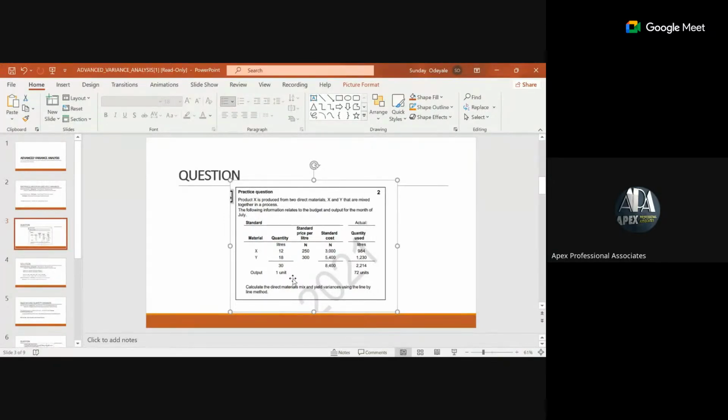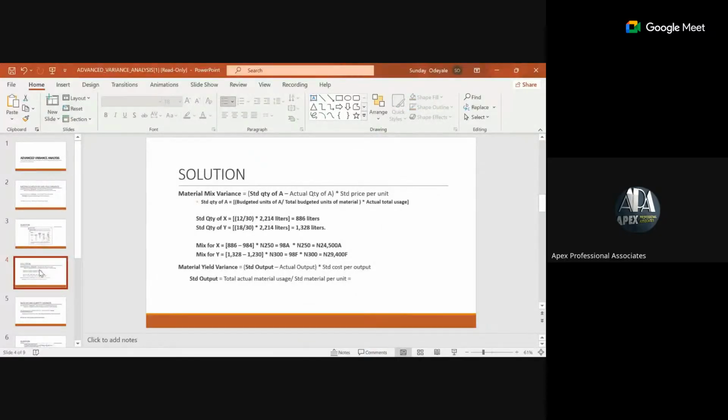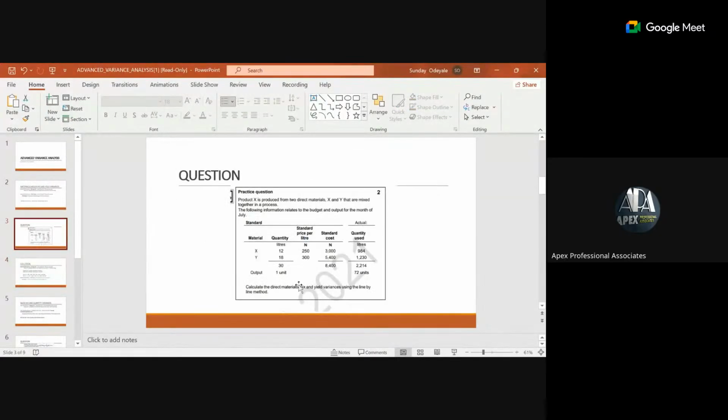So it means 3 liters to make 1 unit. Just divide the total material by your total budgeted production. Simple as ABC. Now since we all agree, or maybe not, but that's the answer, that 30 liters will give us 1 unit.